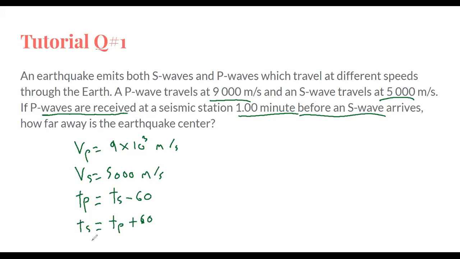Okay, but the question just wants to know how far away is the earthquake center? Well, that's basically asking, what's the distance to the center? Well, we know how fast they're going. We know that one is showing up 60 seconds earlier. Because they both come from the same place, they must both travel the same distance.